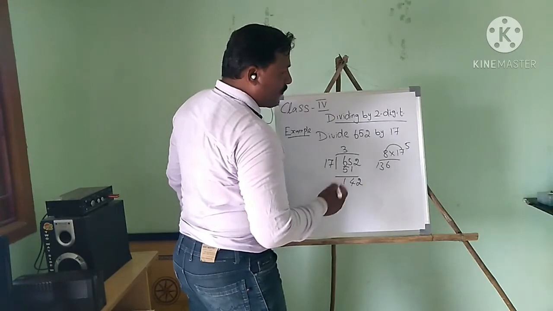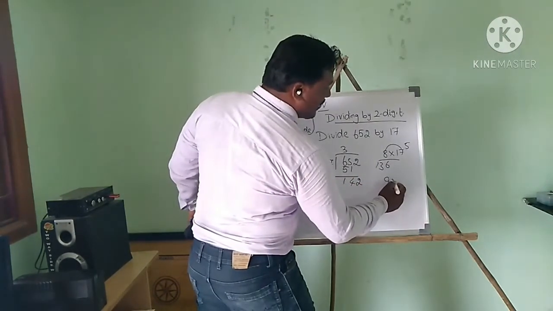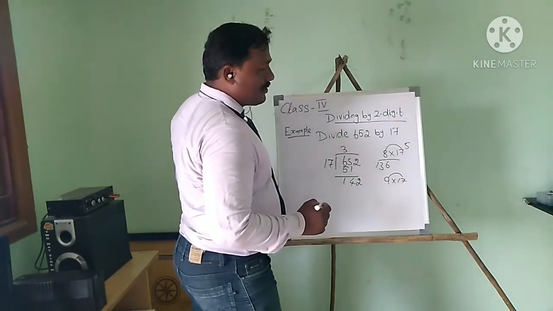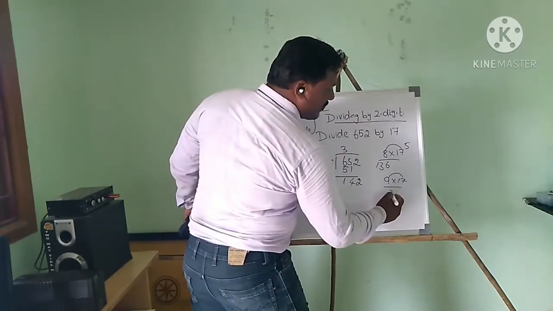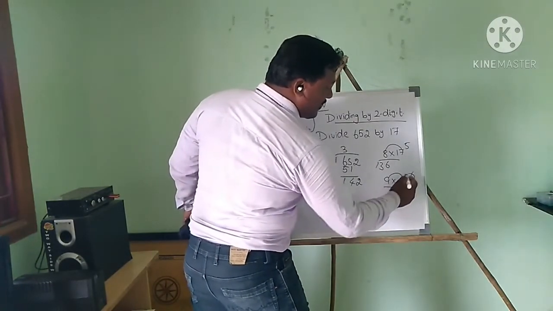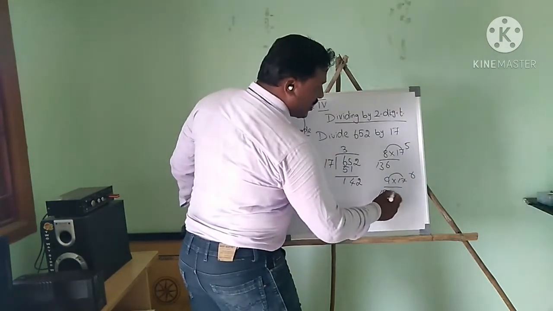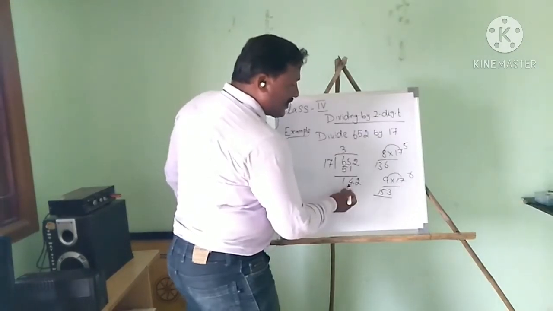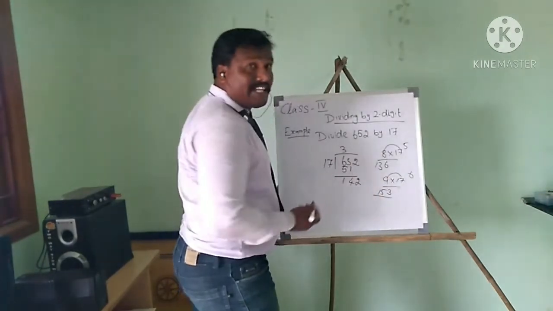If you take more than 8, it will be 9. 9 into 17. 9 sevens are 63, 3, 6 remainder. 1 9 is 9, 9 plus 6, 15. So 153. 153 compared to 142 is bigger. So we can't take 9 times, we can take 8 times.